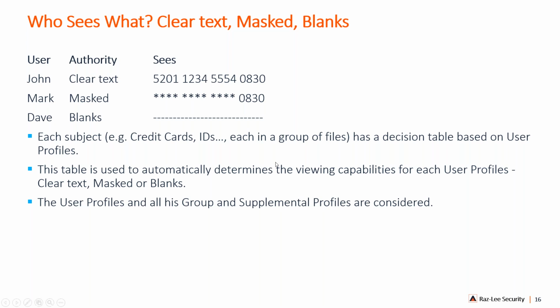So we provide decision tables for who can see what, based on the business items, which makes life much easier, and you don't have to struggle with each field by itself, but with sets of fields.